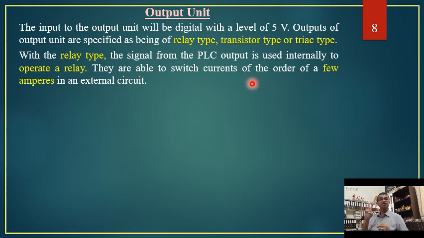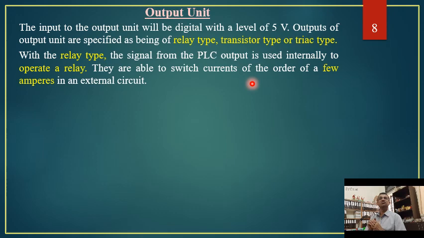So there are three things present in a relay. First one is the signal that is coming from the PLC. Second one is the input that may be coming from AC mains, and third one is the output that normally goes to any actuator system, something like a solenoid coil or a motor that is working with 220 volts, depending on the design that we have done.